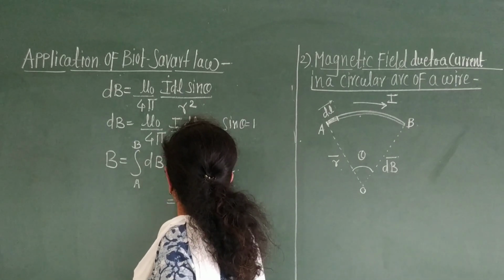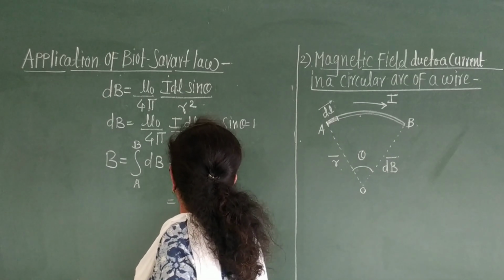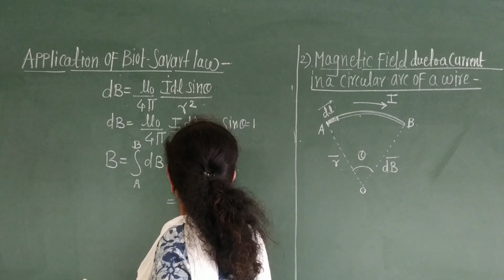Therefore, it becomes mu 0 I upon 4 pi is constant.